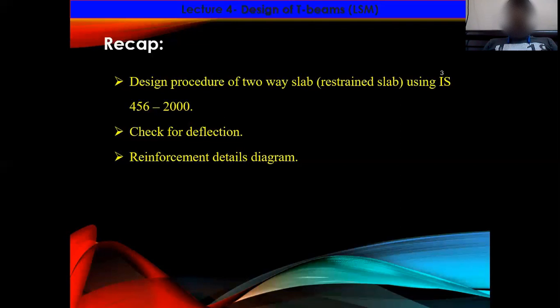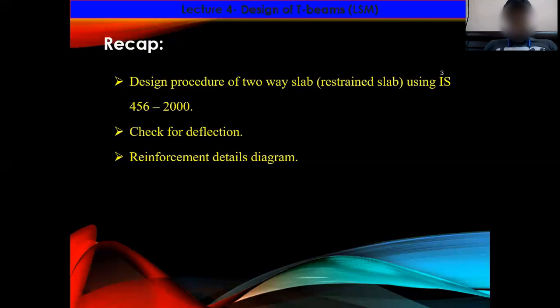After providing the reinforcement, we checked for deflection. That means we calculated the allowable deflection based upon the L effective by D ratio as per codal provision for simply supported, cantilever. There are different conditions out there.